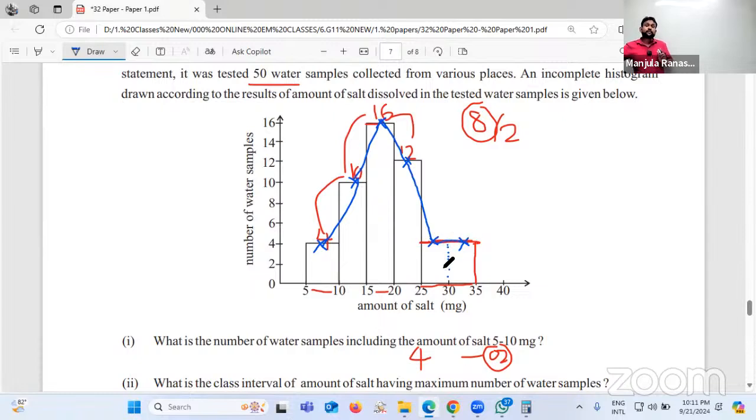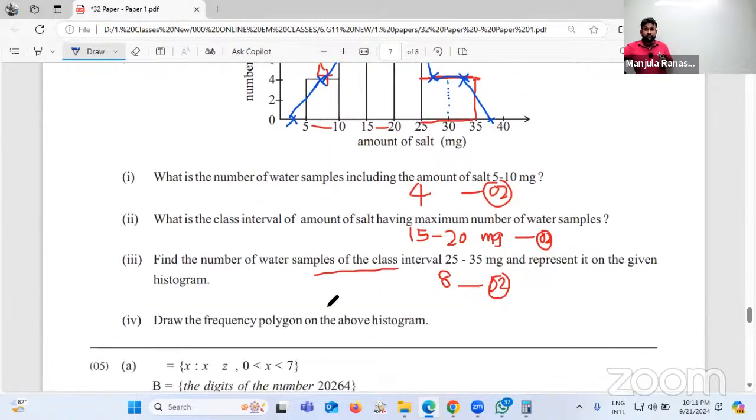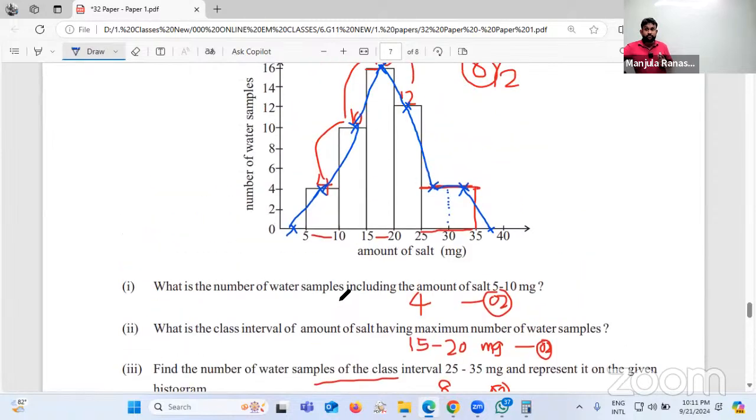Then mark the midpoint of 35 to 40 and connect these, and then the 0 to 5 midpoint, connect here to here. Okay, now this is the histogram you use for the frequency polygon on the above histogram. This is the frequency polygon.